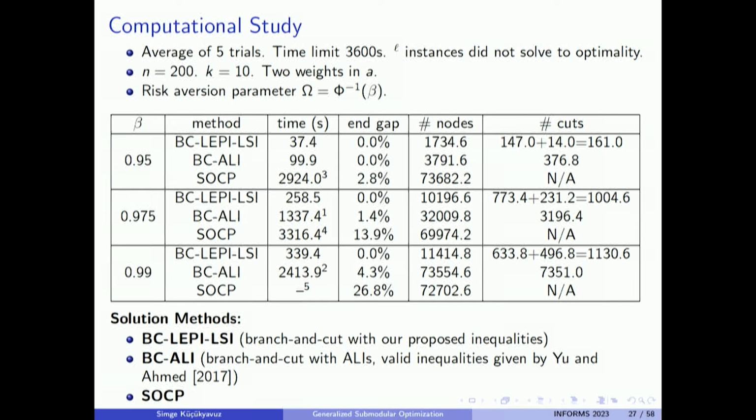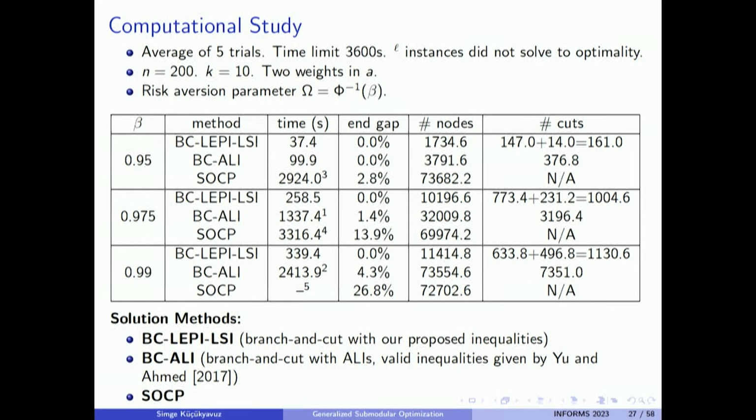And SOCP is the formulation that I showed you, but did not enhance with any valid inequalities that exploit submodularity. So the statistics that we look at: the solution time, the end gap, so if we hit the time limit, how far off are we from optimal, the number of nodes in the branch and bound, and the number of cuts. If you're adding cuts, how many cuts are we adding.